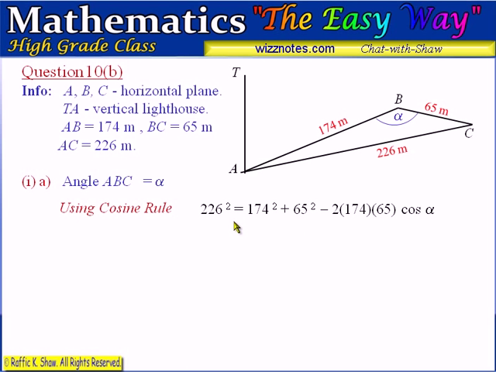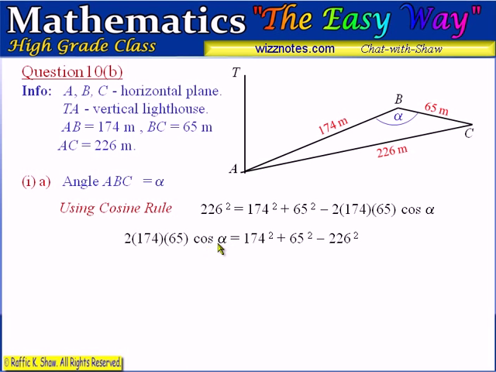Here we have applied the cosine rule. Since we want to find alpha, we can transpose to make this expression positive by bringing all of this expression over onto this side, and taking the 226 squared over onto this side and subtracting it. That's just rearranging this equation to make it simpler.